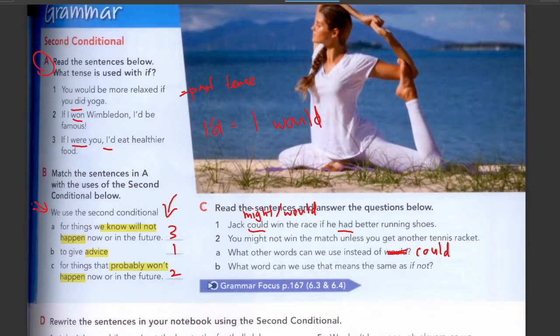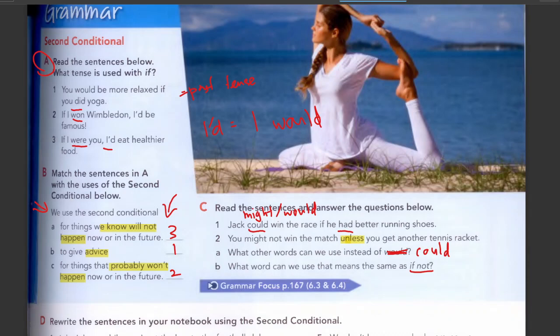And then number 2, the question is B. What word can we use that means the same as if not, kalau tidak? Refer to number 2, you might not win the match, and the word is unless. So you can use also the word unless if you don't have if in your sentence.